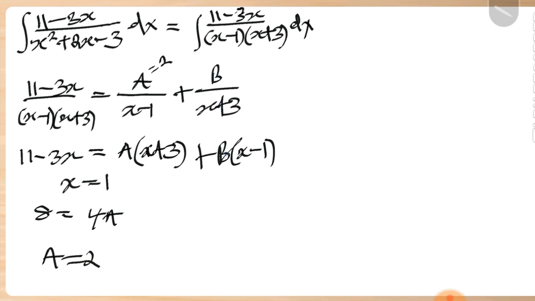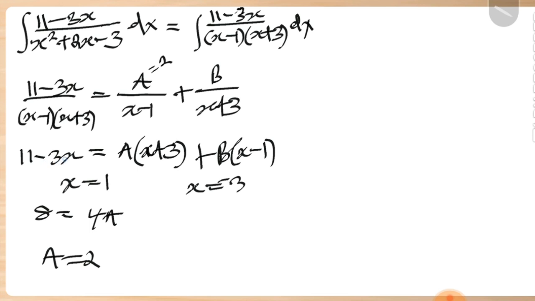Then let's figure out what B is from here. If we set x equal to minus 3, here we have 0, so we have 11 minus 3 times minus 3.